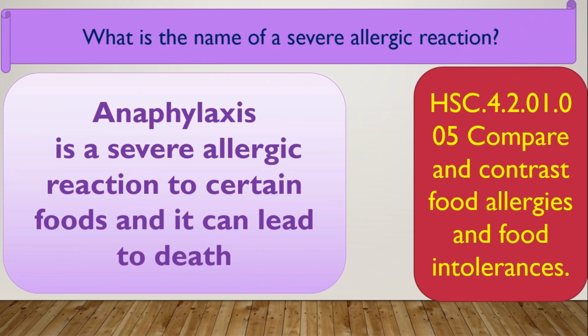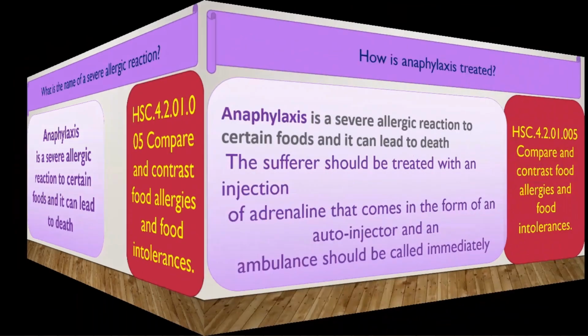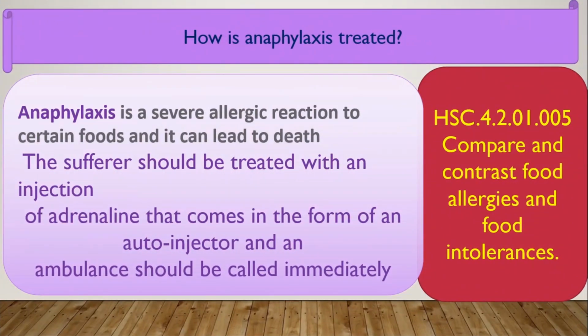What is the name of a severe allergic reaction? This is anaphylaxis. Anaphylaxis is a severe allergic reaction to certain foods, and it can lead to what? It can lead to death. How is anaphylaxis treated?